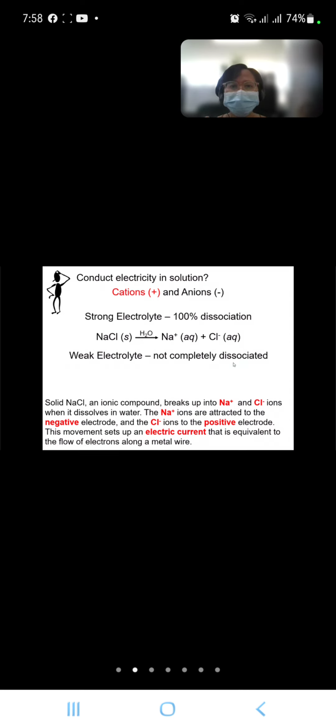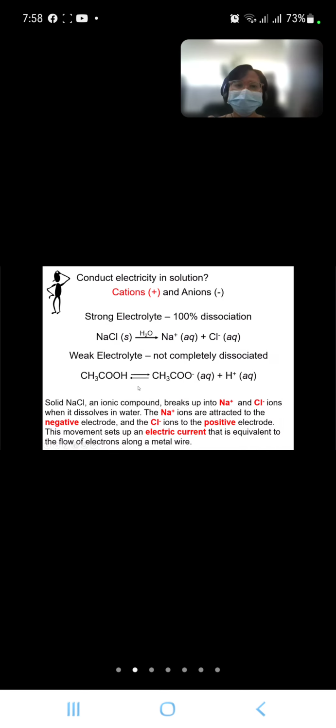And for a weak electrolyte, although there is dissociation, it is not complete. Only a few of the particles are dissociated. Maybe some particles also dissociate into ions, but after some time they go back and bond again. So there is incomplete dissociation.